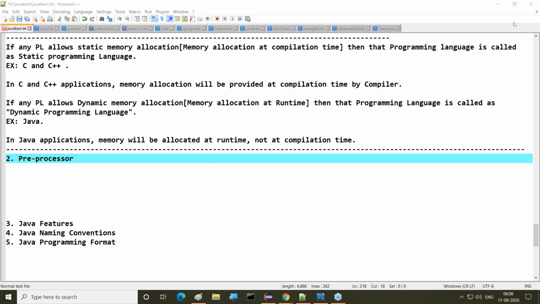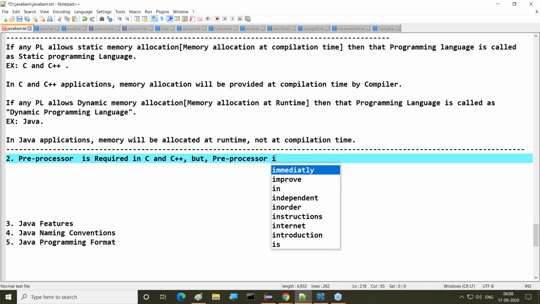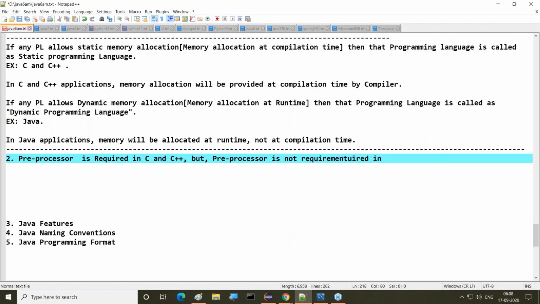The second difference is also a very important difference that we have to understand.